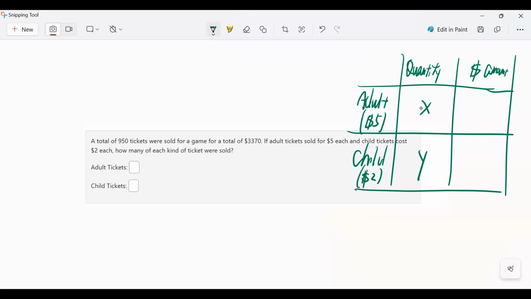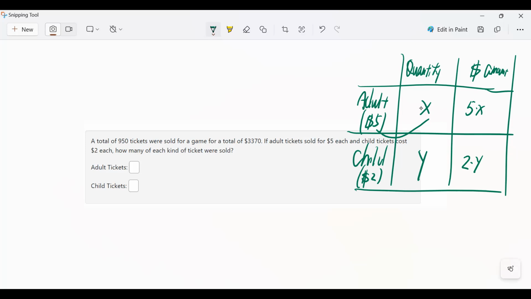We can make this assumption using the variables x and y. For all the x adult tickets sold, the total dollar amount will be $5 times x, so 5x. For the children's tickets, $2 apiece, and we are selling y tickets, so 2 times y, 2y.